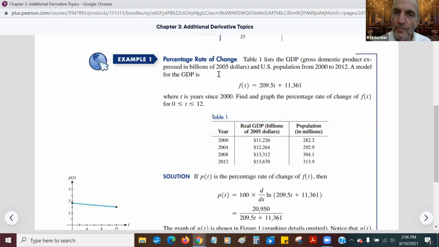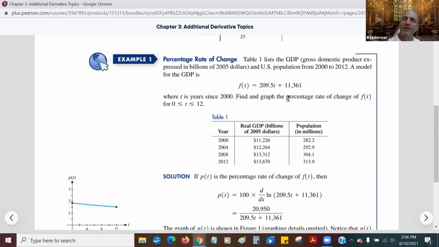And the U.S. population from 2000 to 12. So a model for the GDP is f of t equals 209.5 t plus 11,361, where t is the number of years since 2000. So in 2005, t would equal 5. In this year, 2021, t would equal 21, and so forth.